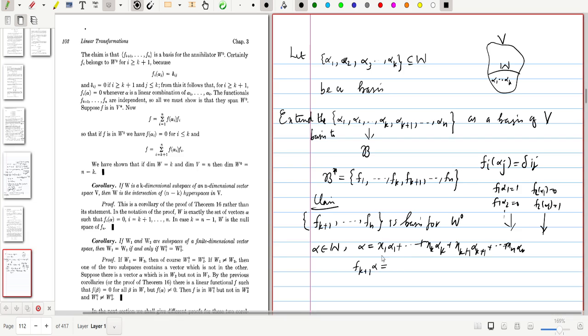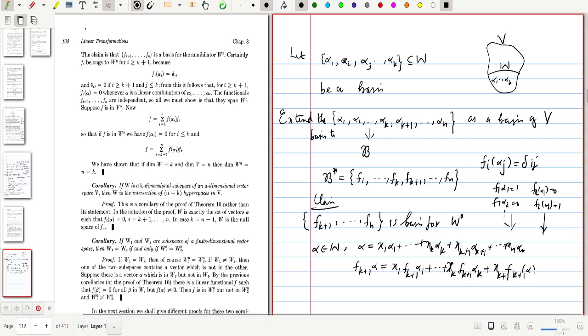It is fk plus 1 of this whole quantity: x1 fk plus 1 of alpha 1 plus etc., xk fk plus 1 of alpha k plus xk plus 1 fk plus 1 of alpha k plus 1 plus etc. From this, the earlier quantities are all 0, because fk plus 1 of alpha k plus 1 is 1 and the rest of them are 0. So this gives xk plus 1 itself.